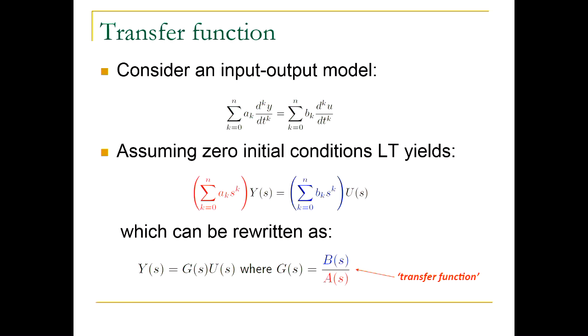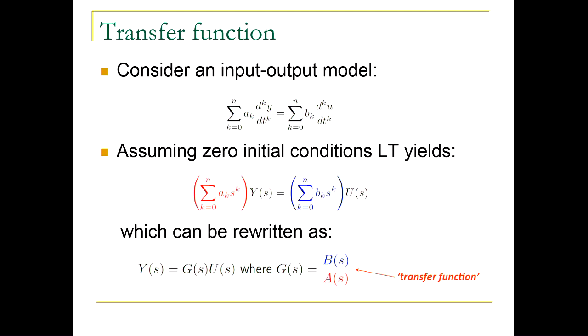And what we want to do now is translate these differential equations via Laplace transform into the complex domain. We want to see what is an object that would capture this differential equation in the Laplace domain. So if we assume zero initial conditions in Laplace transforms, then we get something like this.